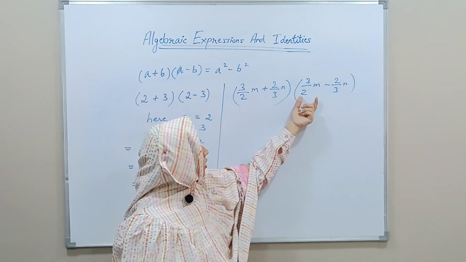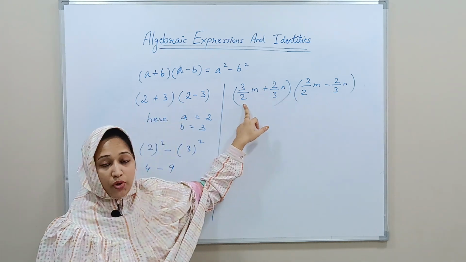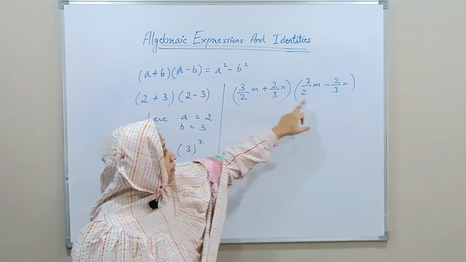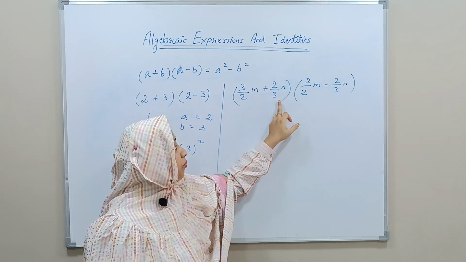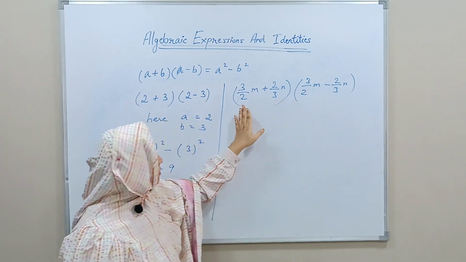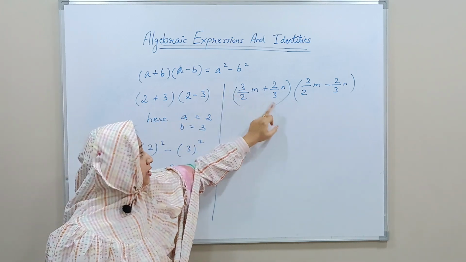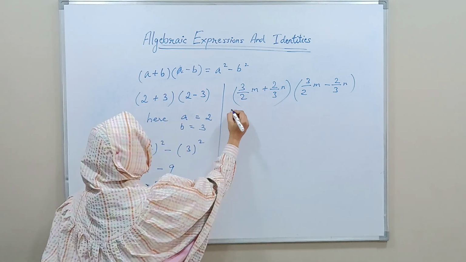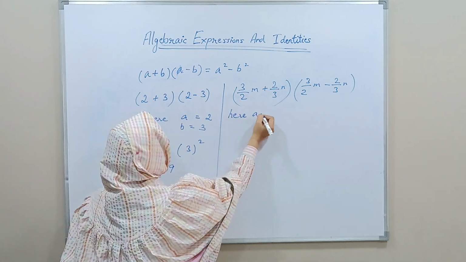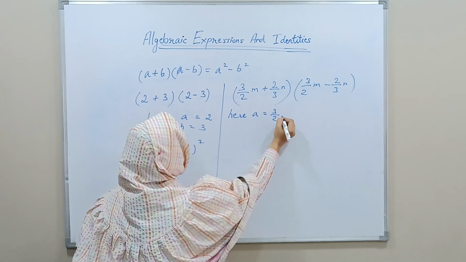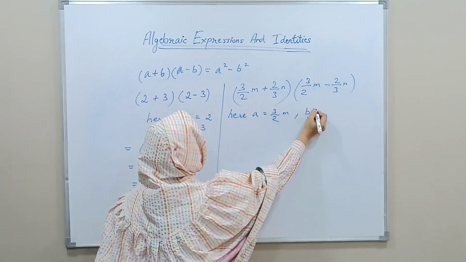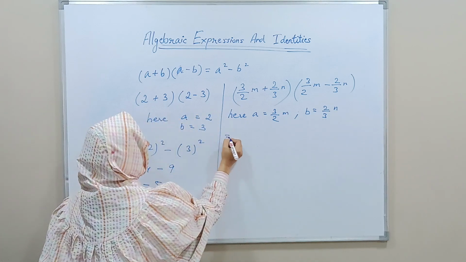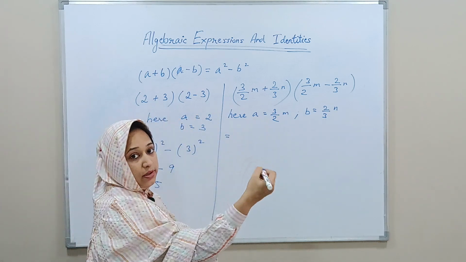We again have 3 upon 2m, this is also 3 upon 2m, so this is your a, plus and minus, and then b is 2 upon 3n. So this matches the identity (a plus b) into (a minus b). So here a is equal to 3 upon 2m and b is equal to 2 upon 3n. Putting the values, a square minus b square.